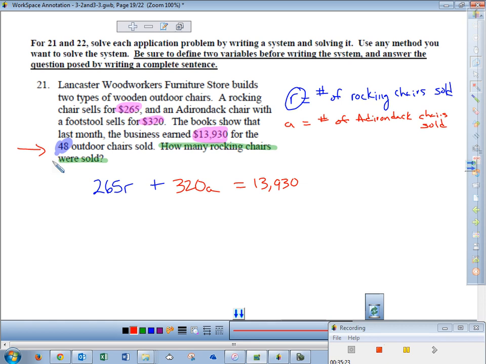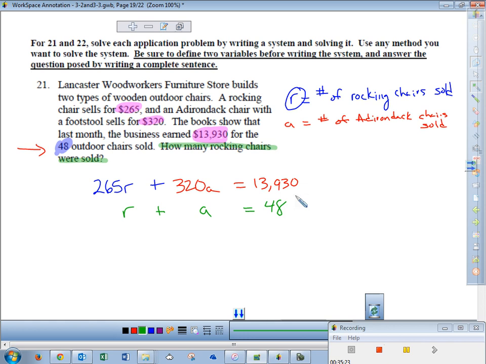All the rocking chairs we sold plus all the other chairs that we sold should add up to be how many total chairs we sold. So if this is R and A, go in the same order. R plus A equals how much? 48. Now I have a system of linear equations.